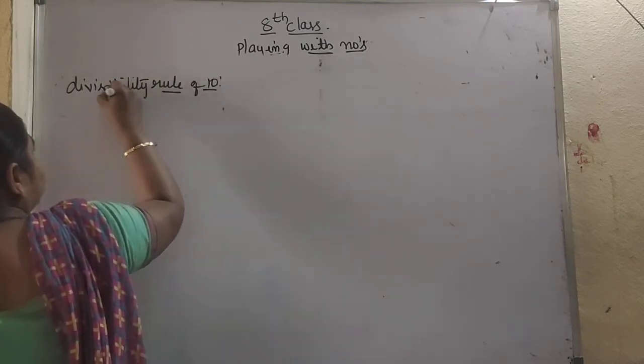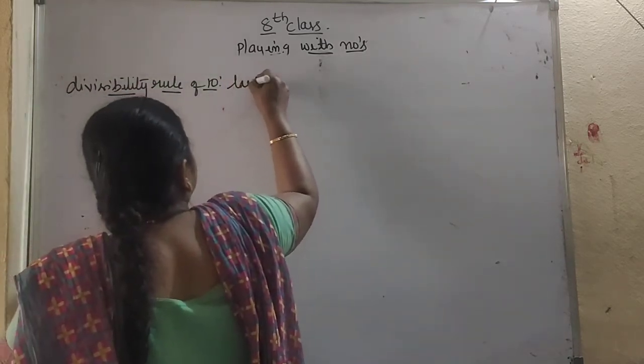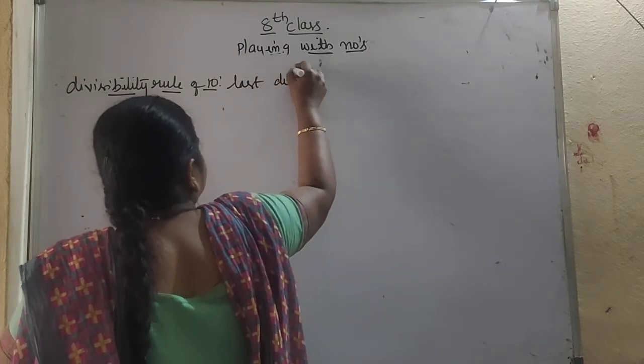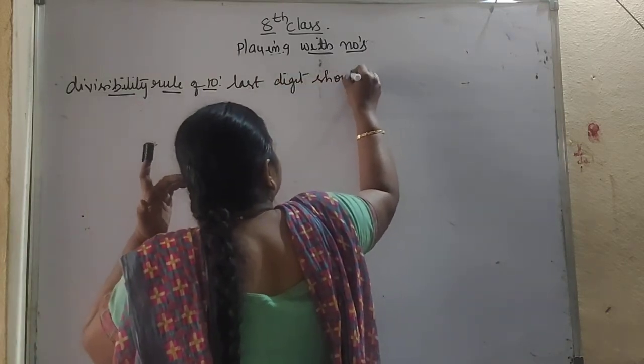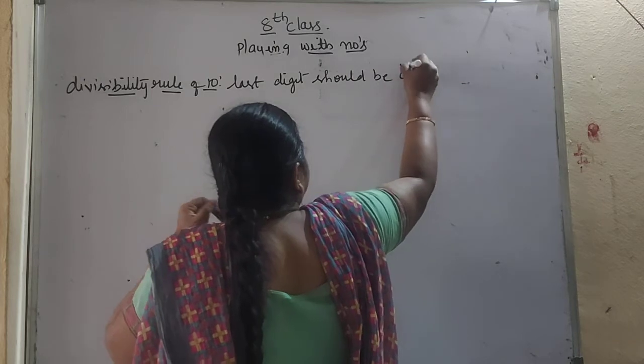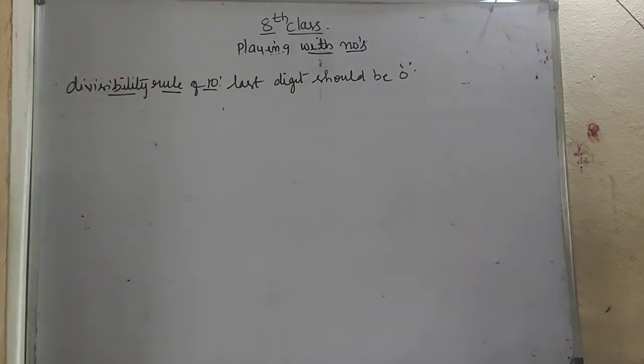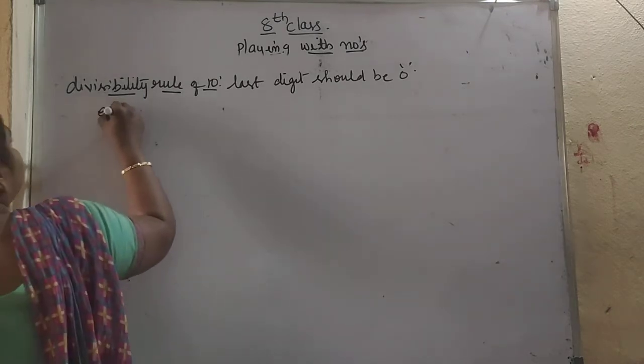What is divisibility rule of 10? Last digit should be only 0. If you are seeing the last digit as 0, you can tell that the given number is divisible by 10. So, next is here example.